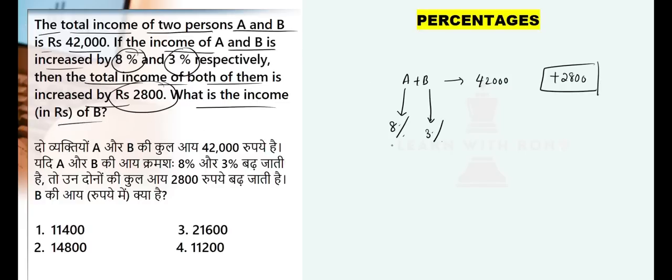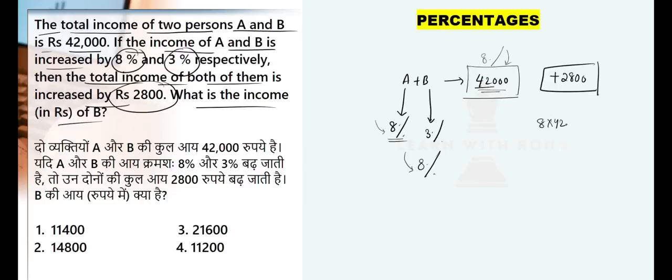See here, A is increased by 8%. If B is also increased by 8%, we'll get 8% increase of total income, right? Say again, I'll repeat. Here A's income is increased by 8%. If B's income is also increased by 8%, we'll get 8% increase of total income, right? What is 8% of total income? 1% is 420.